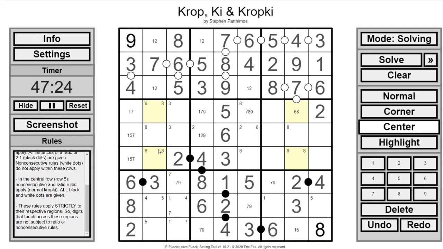I think that 8 has to be here. Because if this is an 8, then that's a 6, and that's a 6. So that would be an 8, and that would be an 8. I don't know.